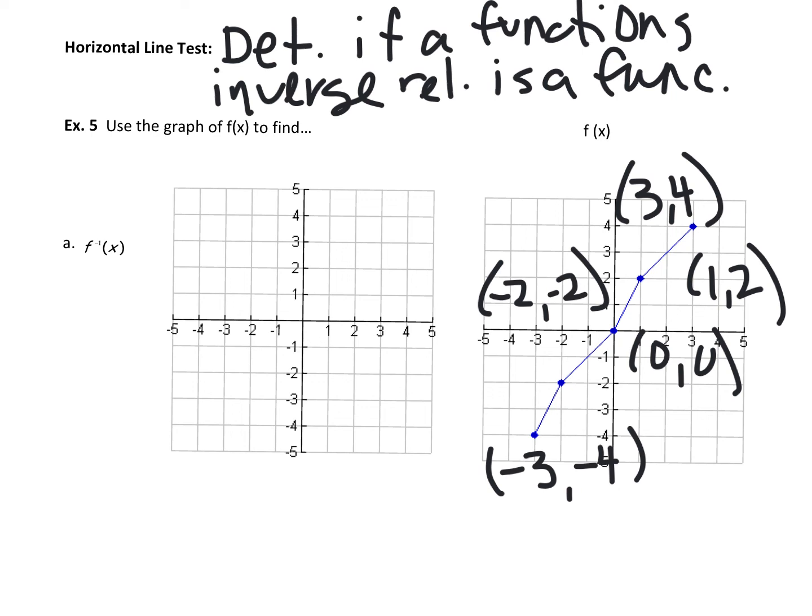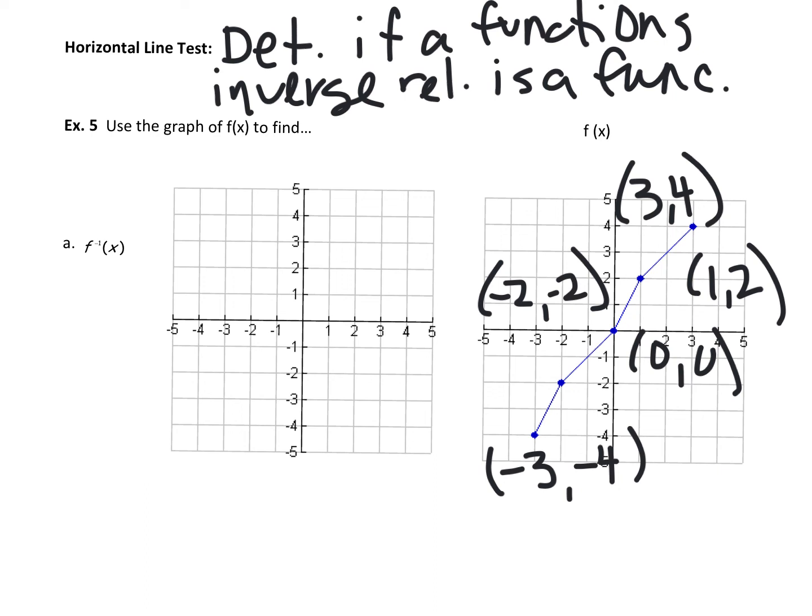One is doing something numerically with the coordinates, or two, trying to physically move the points based on the transformations graphically. For an inverse function, I highly suggest that you just use the coordinates. It's quite simple, requires hardly any thinking. All you're doing is interchanging the x's and y's and graphing.